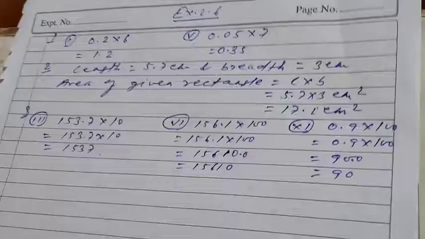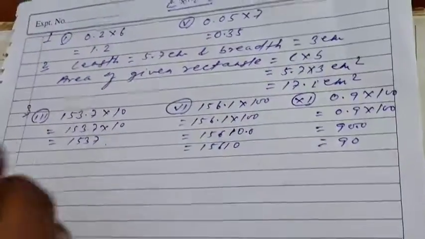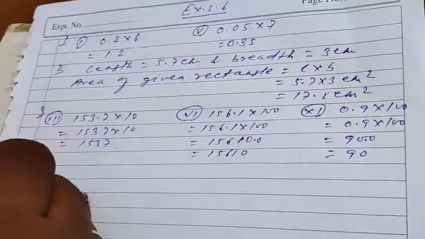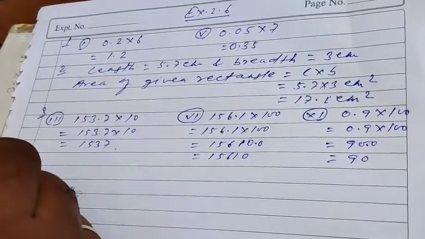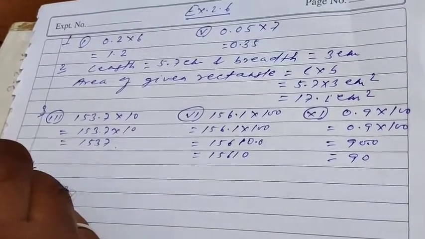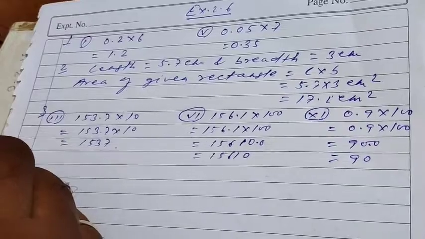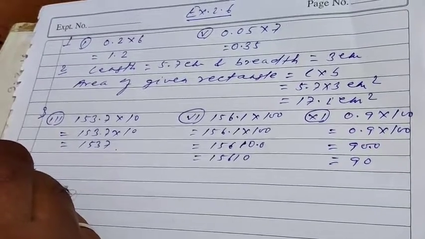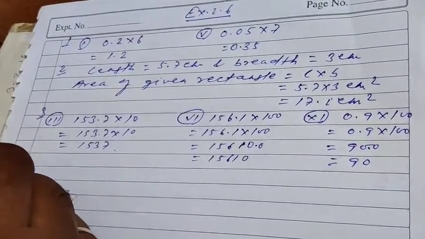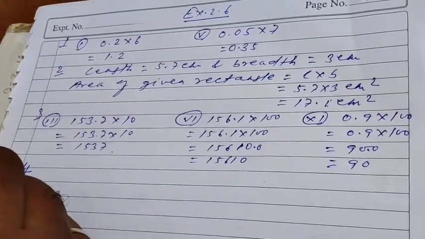Now come to question number 4. In question number 4, a two-wheeler covers a distance of 53.5 km in 1 liter of petrol. You have to find the total distance covered in 10 liters of petrol.